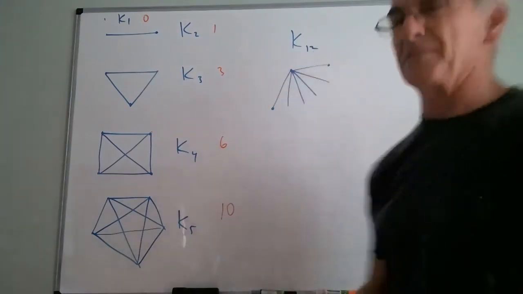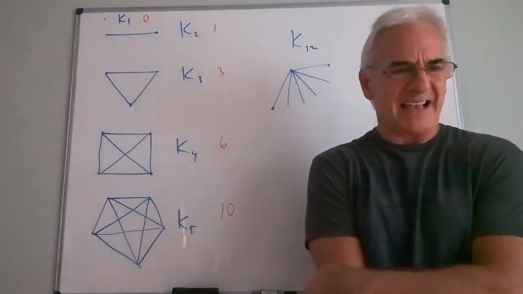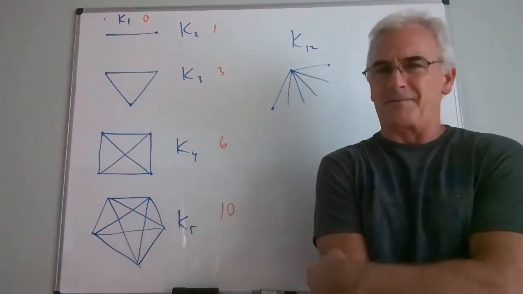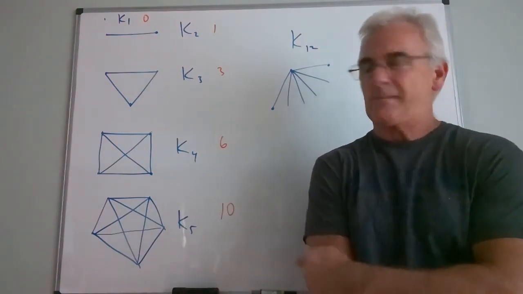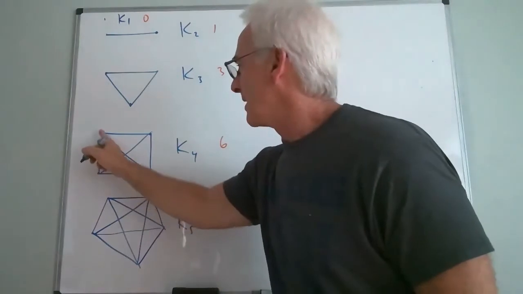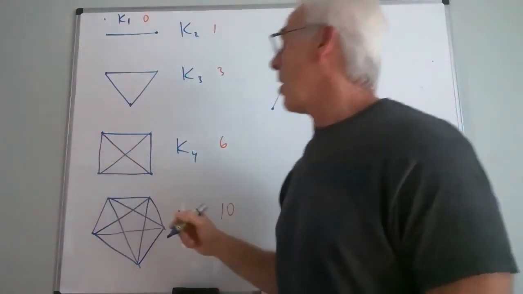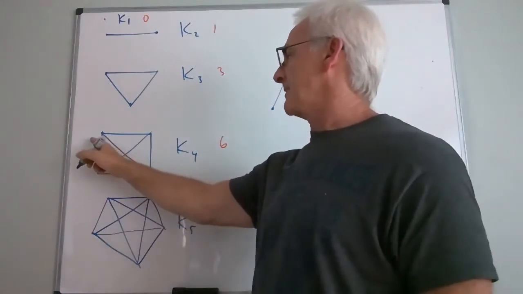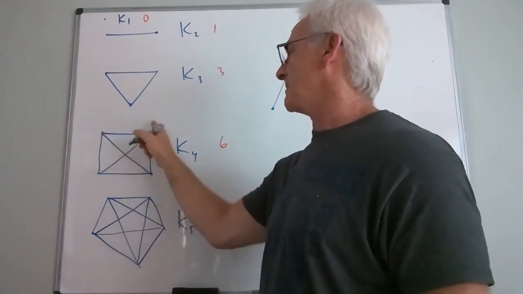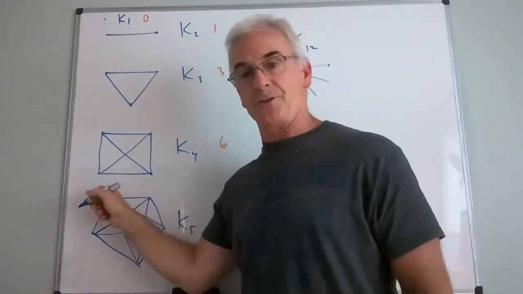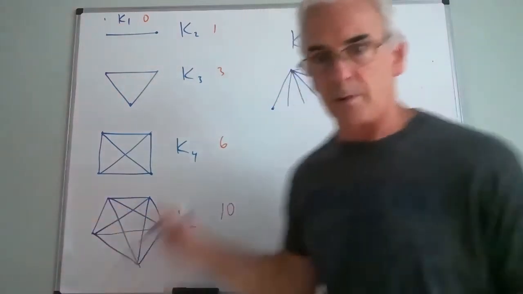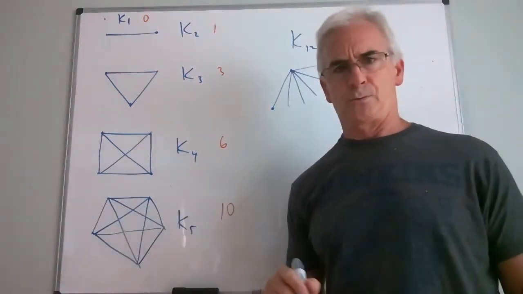Does that mean the answer is 11 times 12? Not exactly 11 times 12. Why? Because that edge coming out of here is also an edge coming out of here. So if I go back to here and say, I have 4 vertices and each of them has 3 edges, that's 12, but my answer was only 6.